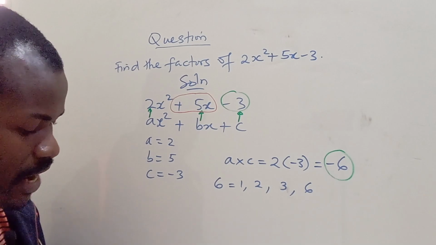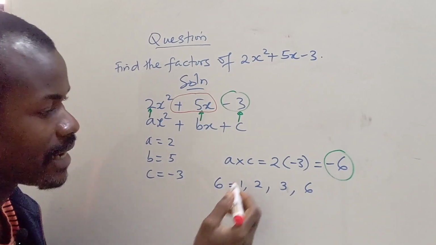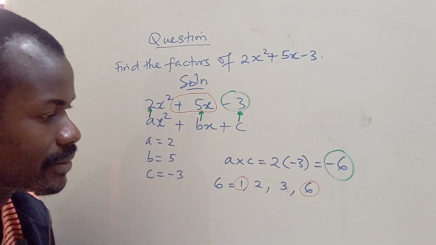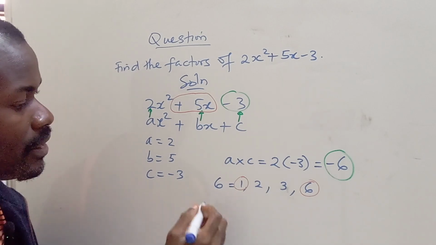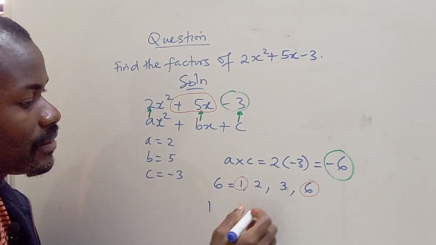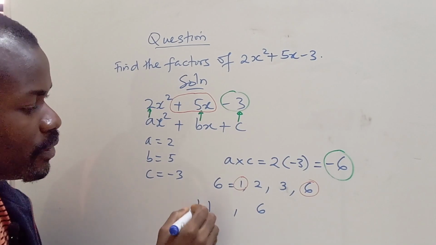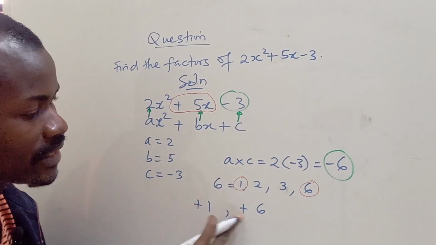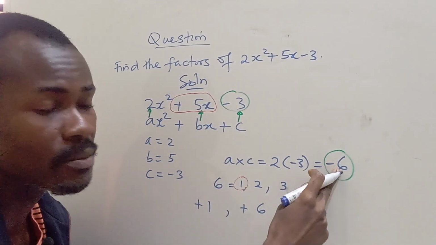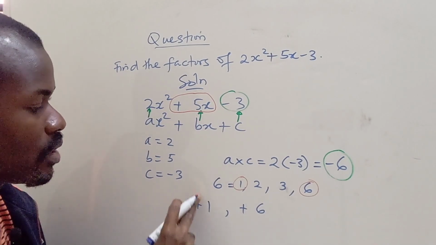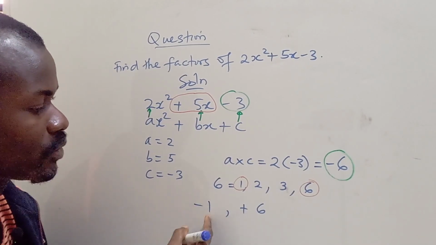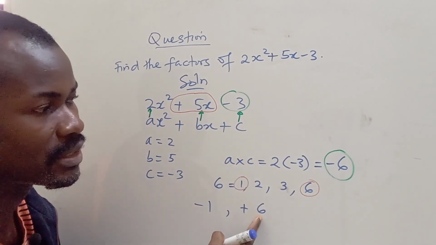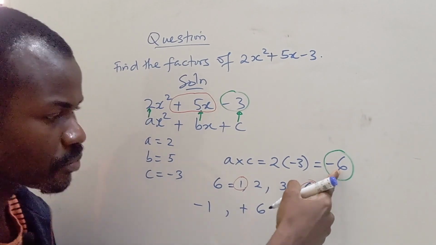So let's do our careful investigation. If you remember, the first two factors I got were 1 and 6. All we need to do is add signs. If I have plus 1 and plus 6, plus 1 times plus 6 is not going to give me minus 6, so this will not work. Let's say we have minus 1 and plus 6. Minus 1 times plus 6 will give me minus 6, yes.